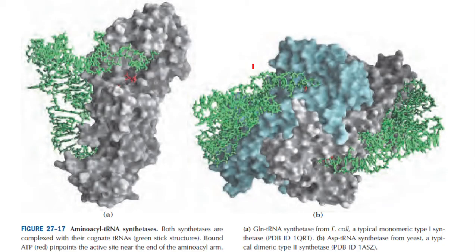Again, aminoacyl tRNA synthetase. tRNA is seen there, green in color. This structure is the tRNA. You can see the tRNA is nearly L-shaped. Bound ATP can be seen, where this ATP is present in the red color.